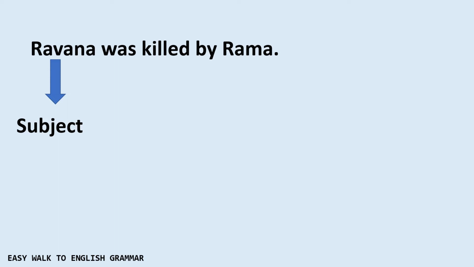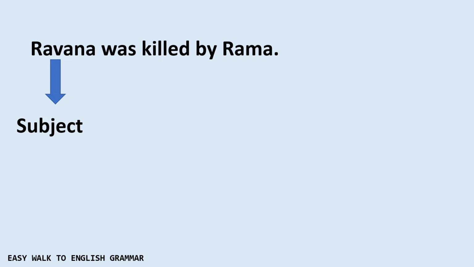So that is the first rule. The object of an active voice will become the subject of passive voice. And as we know, the sentence is in simple past tense.